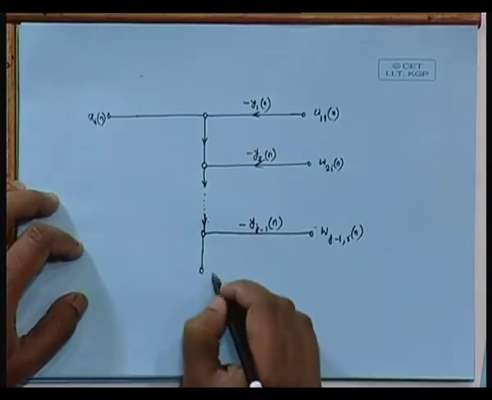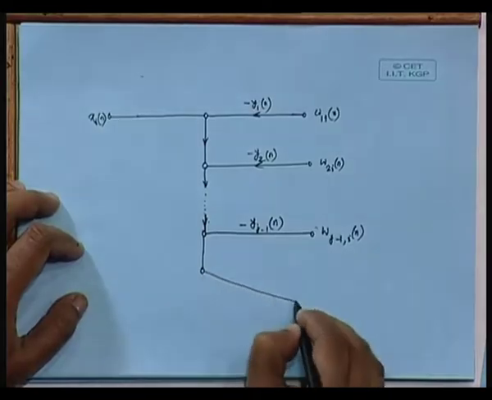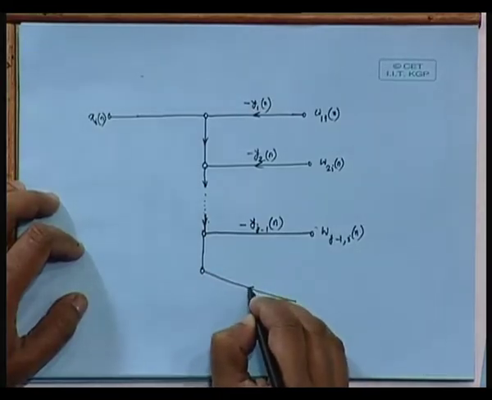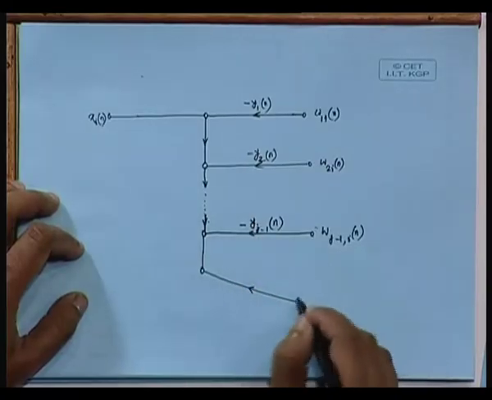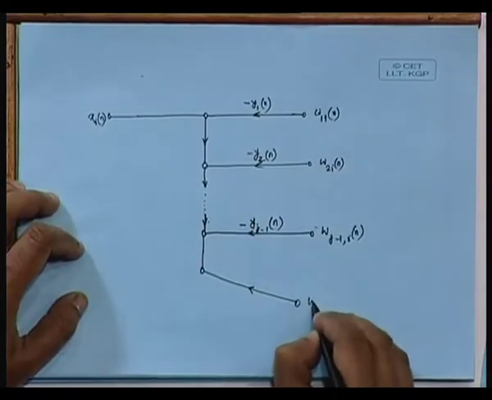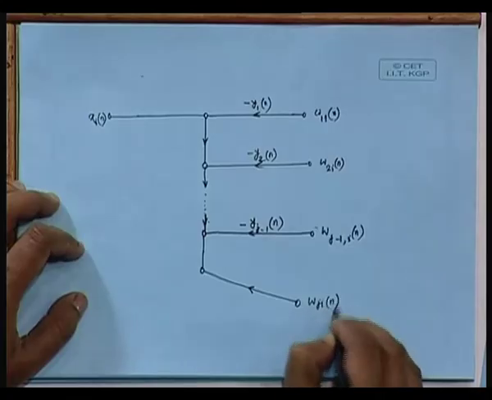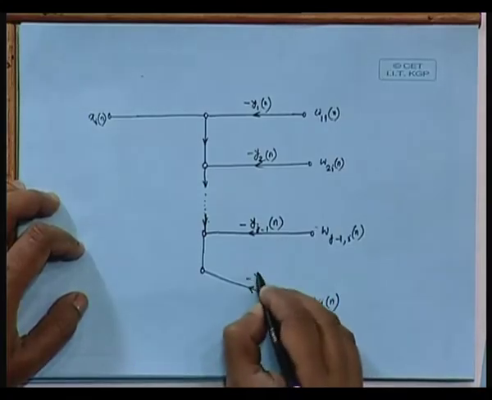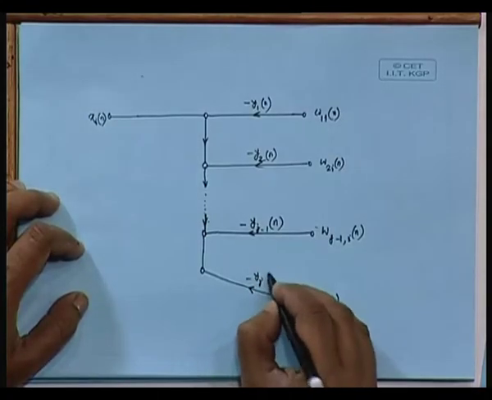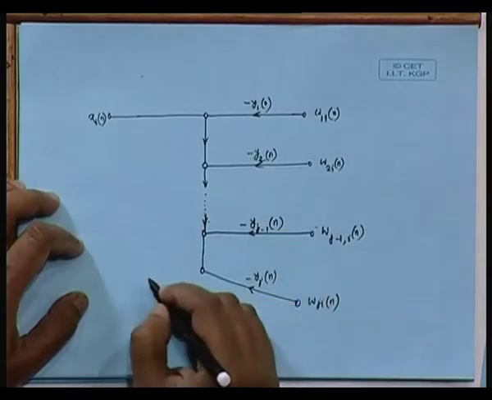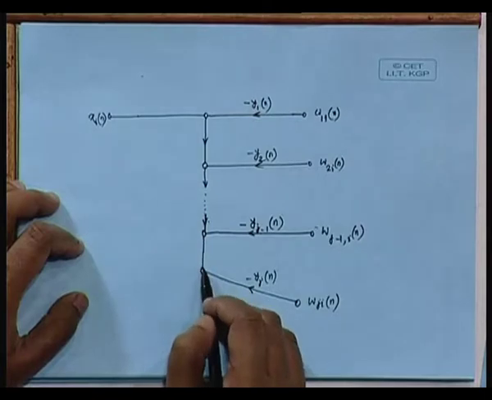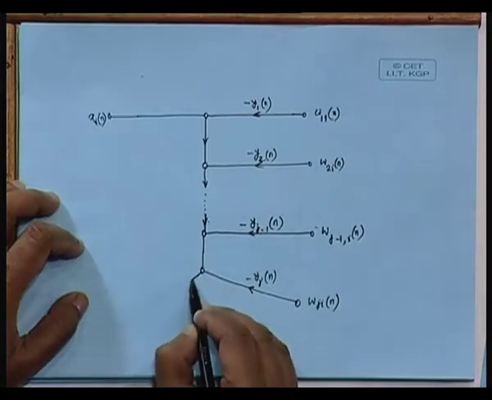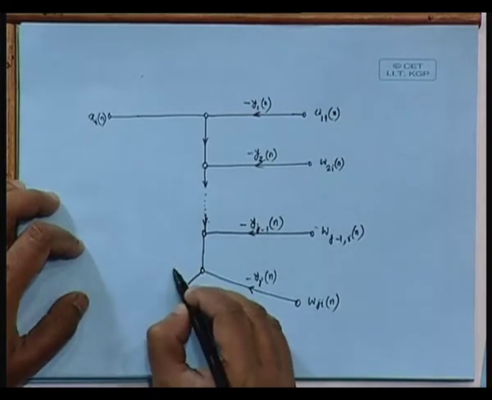So we are just drawing the signal flow from here. Here we have to give an arrow, and here we will have w g i n, multiplied by minus y j n, and if we subtract this from x i prime n, we will get here what?